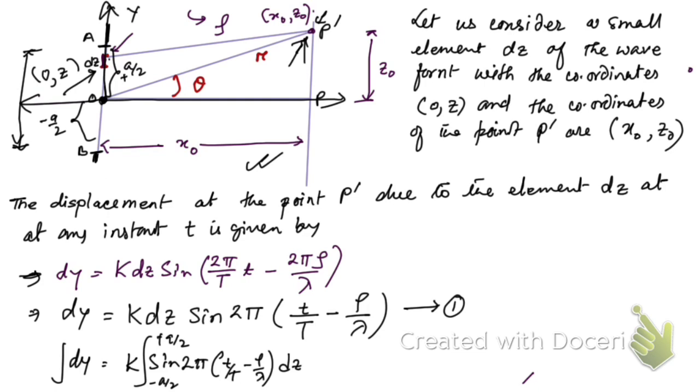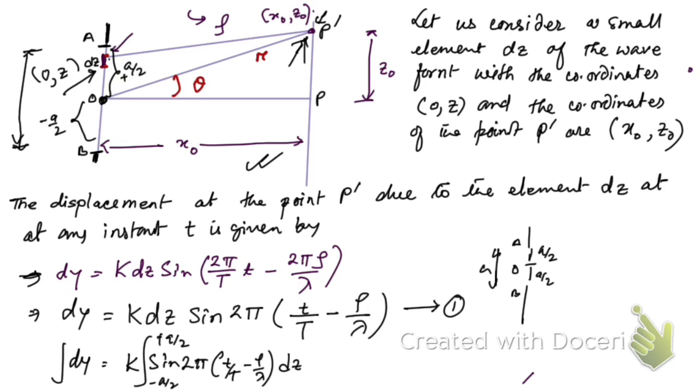If the width of this slit, this is the slit A, B, this is the O, and the width of the slit is a, then the upper part and lower part are both a by 2, right? The upper part will be considered positive and the lower part negative. Below the origin negative, above the origin positive. This part is negative a by 2, and this part is positive a by 2, right? Hope you have understood this.